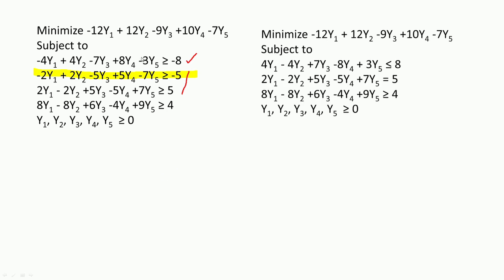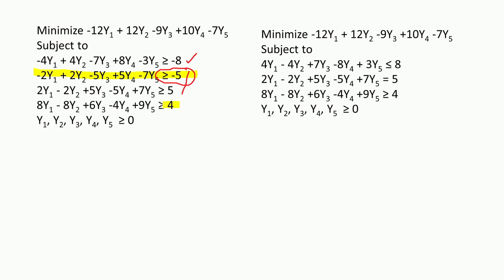So, we have now converted the first constraint this way by multiplying it with a minus 1. So, 4y1 minus 4y2 plus 7y3 minus 8y4 plus 3y5 is less than or equal to 8. And as I mentioned, this constraint is multiplied with minus 1, made into a less than or equal to, and then merged with the next one to give 2y1 minus 2y2 plus 5y3 minus 5y4 plus 7y5 equal to 5.